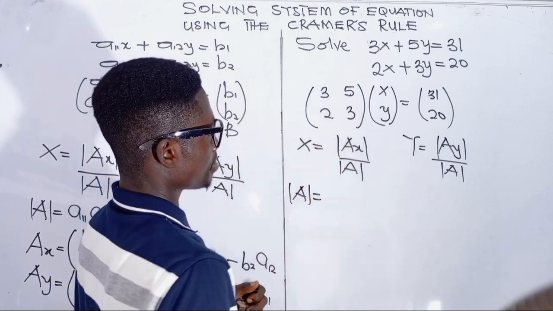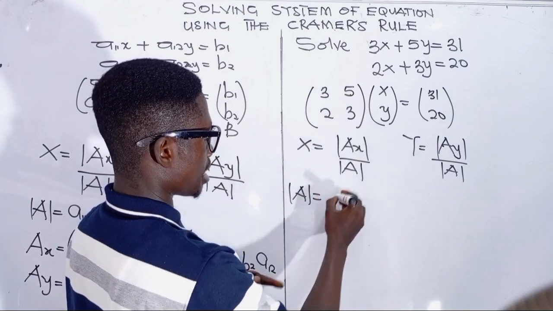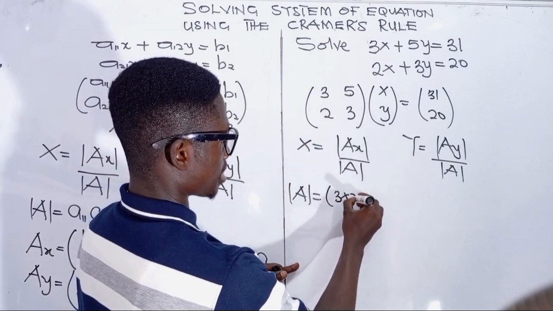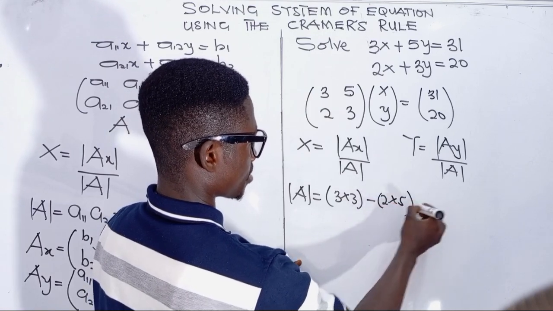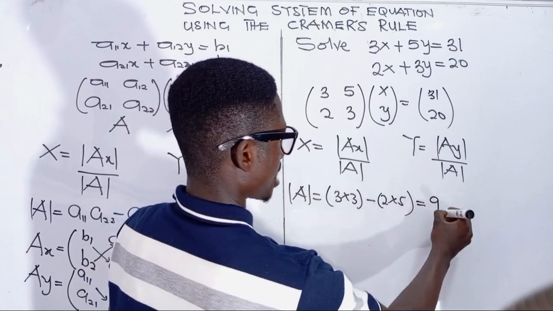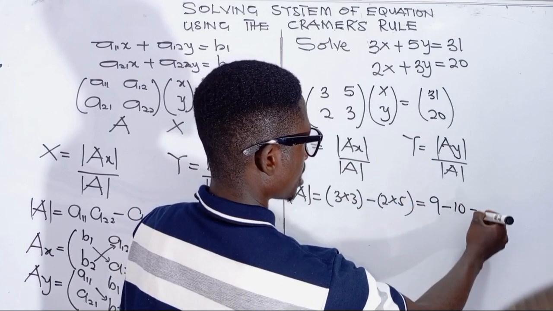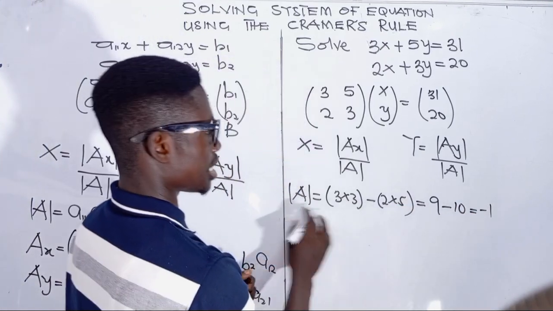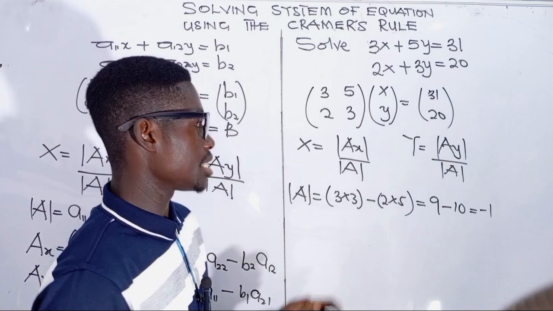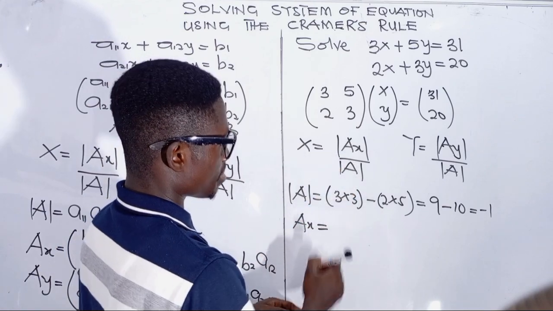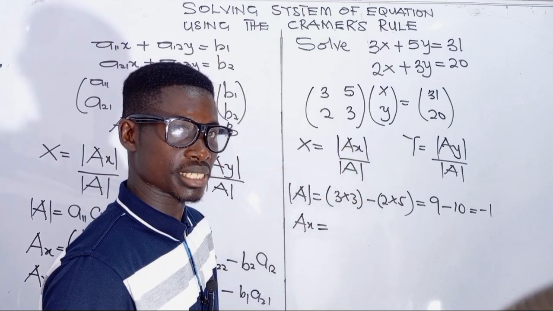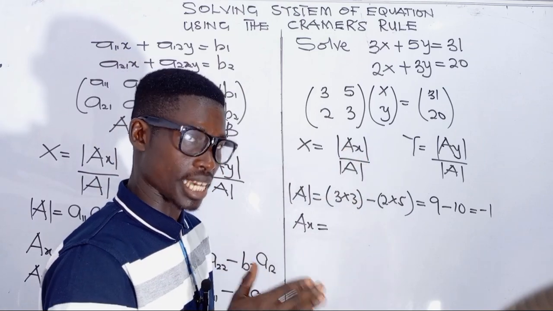So let's find the determinant of A first. The determinant of A is given as this times that. So we have 3 times 3 minus 2 times 5. This gives us 9 minus 10, and therefore the determinant of A is minus 1. Now let's look at Ax. Before we can find the determinant of Ax, we need to find Ax first.